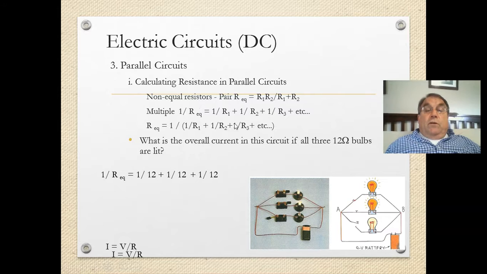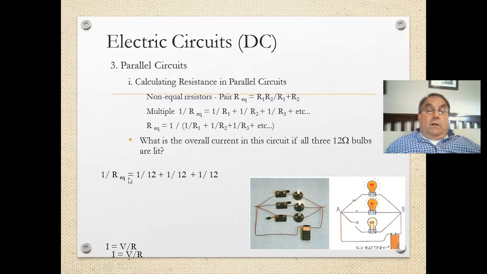This equation you can use for any number, and you need to use it if it's more than 2. So it's 1 over R EQ, which is the equivalent resistance or the overall resistance, it would be the resistance in these wires here, equals 1 over R1 plus 1 over R2 plus 1 over R3. So they're each 12 ohm resistors.